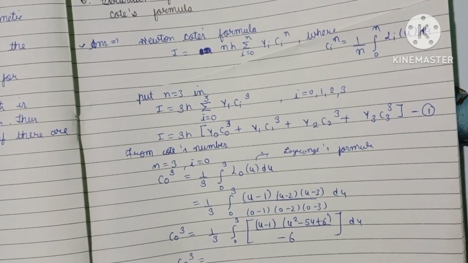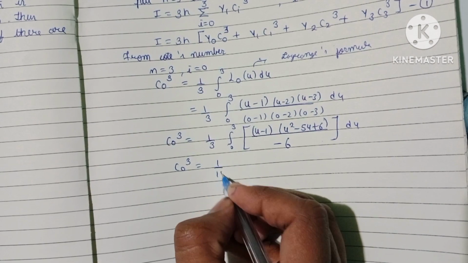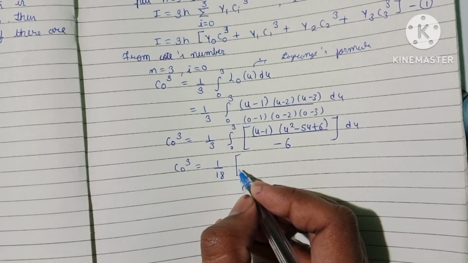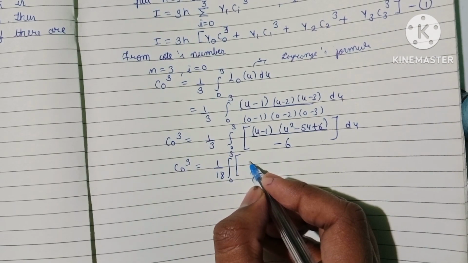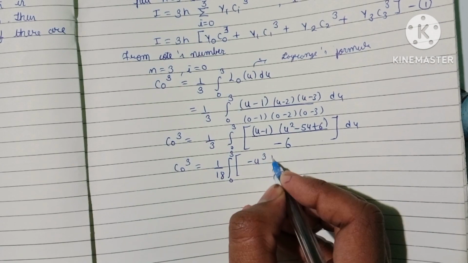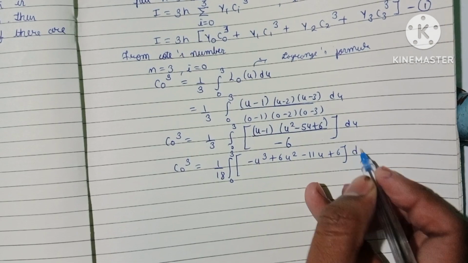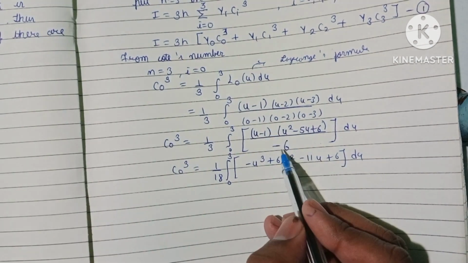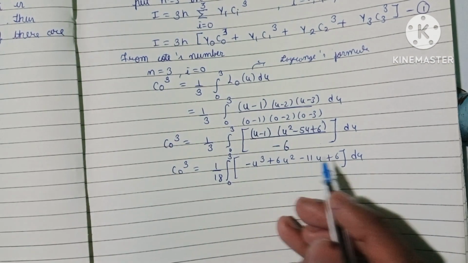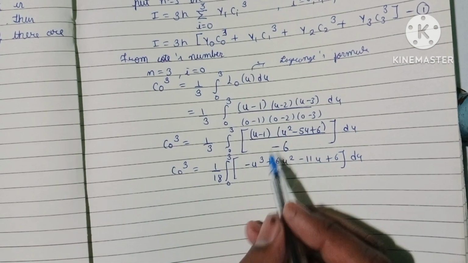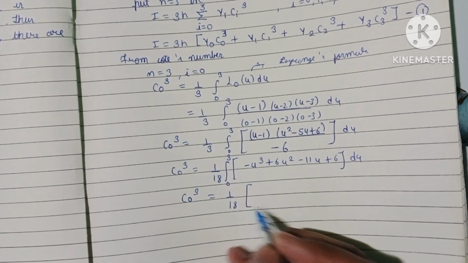Then C0^(3) equals 1 by 18 integration from 0 to 3 of minus (u cube plus 6u square minus 11u plus 6) du. We multiply these terms and the minus sign changes the sign of all other terms.